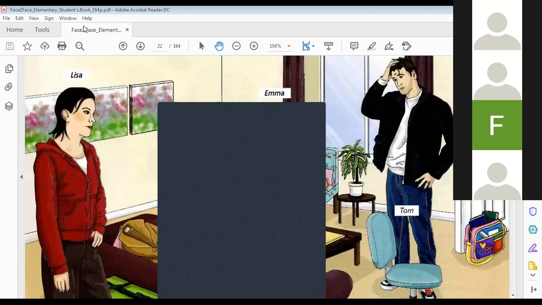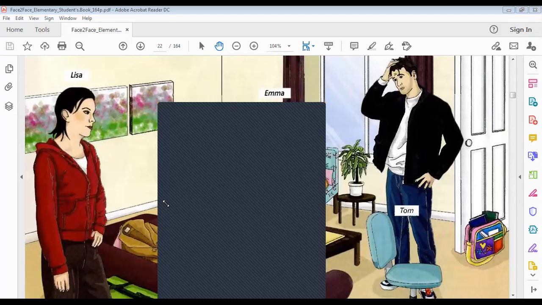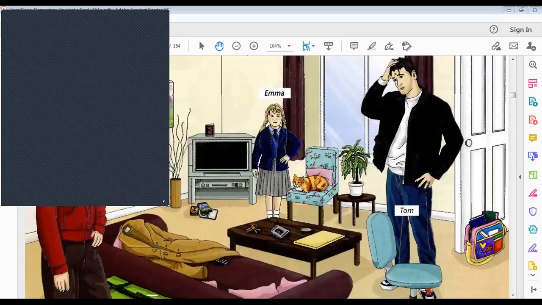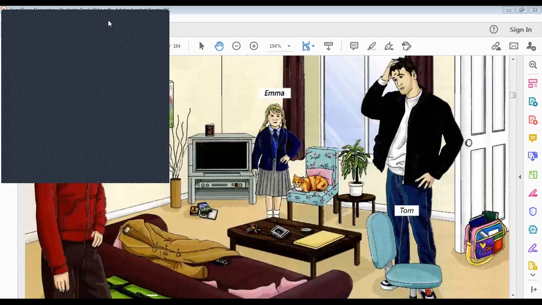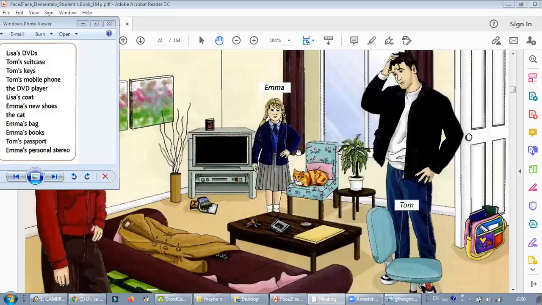All right, so I think now you should see it. Can you see the item on the left, the list? Yes. Okay, so that's the list.